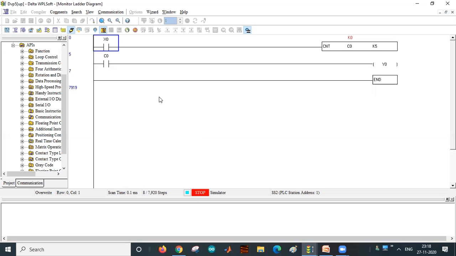This should not happen in a production industry. You should not use this type of counter to count the number of products produced per day. In that case, you must use a latched counter. Even though the power supply is gone, the latched counter will store the previous value, and whenever power comes back, it will count from that value itself.